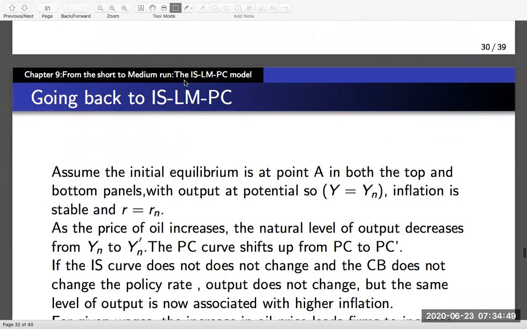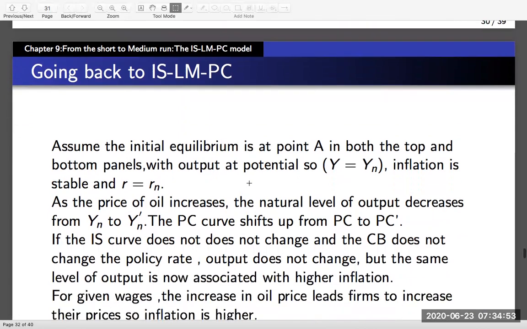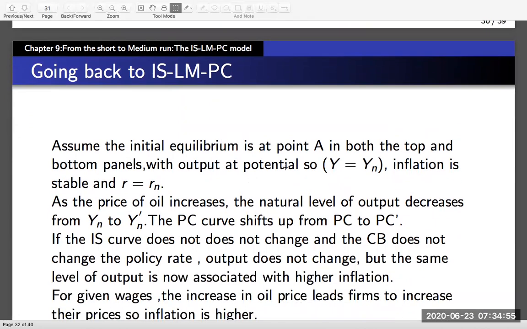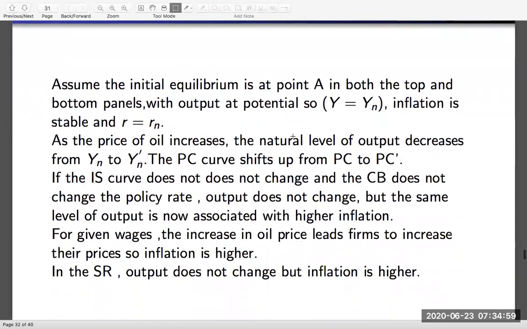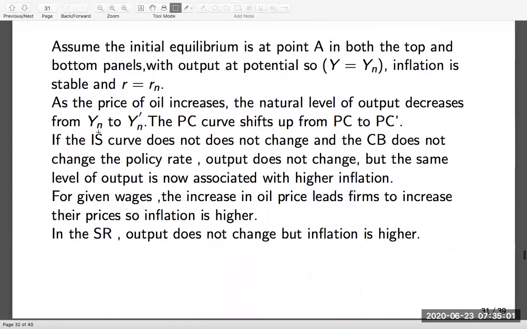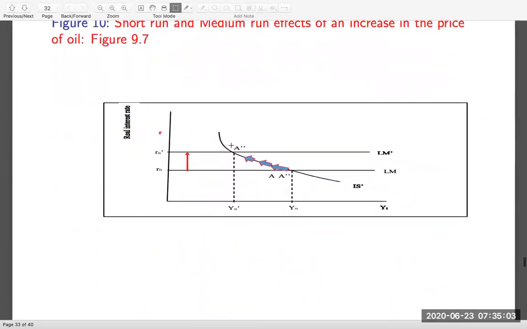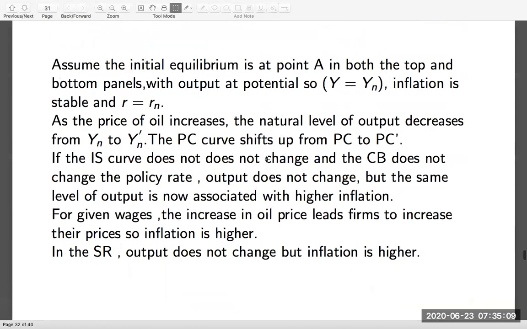Now we go to IS-LM-PC. So assume the initial equilibrium is at point A in both the top and the bottom panel with output at potential. So inflation is stable and R is equal to that. This is where we start, at point A, right?